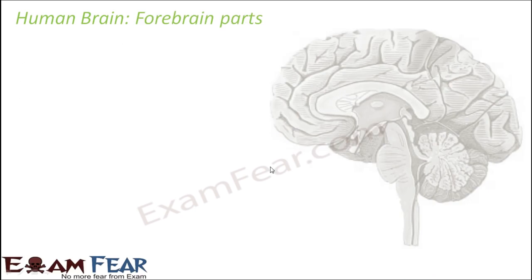Now we will talk about the forebrain in detail. Let us see what the different parts are which together form the forebrain. The first part, and the most prominent or most developed part of the brain, is the cerebrum. This entire portion which you see here is the cerebrum.